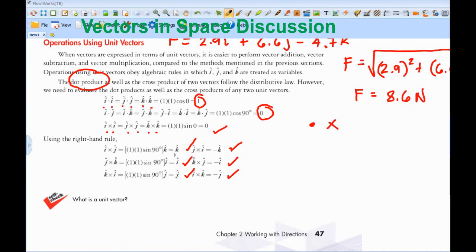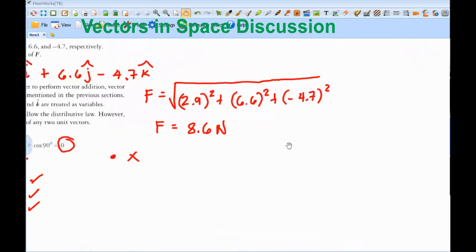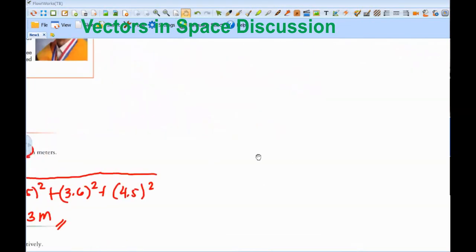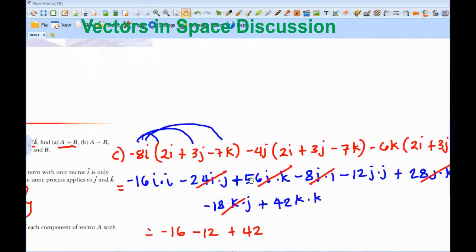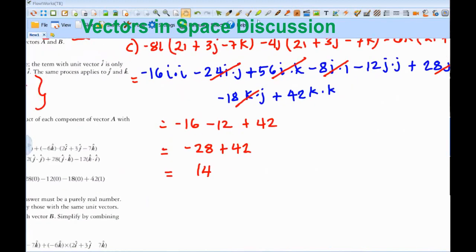Now, letter C, the value is actually a real number when it is a dot product. Okay, the dot product is a real number answer. The cross product is not.